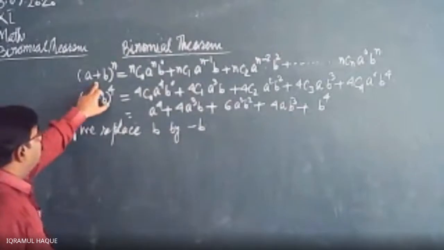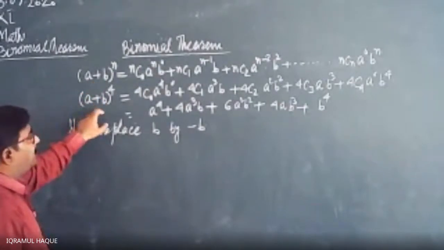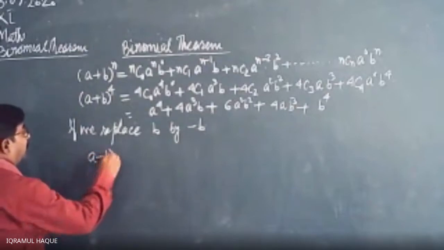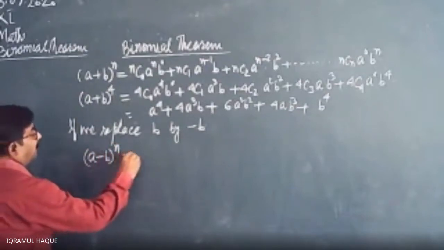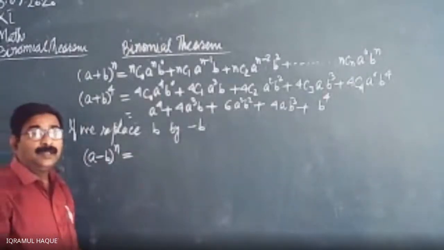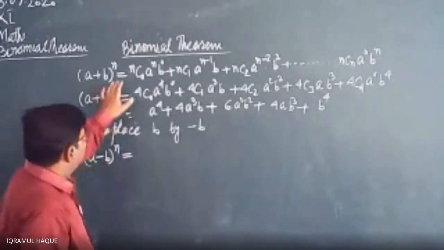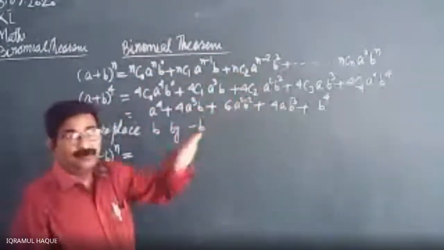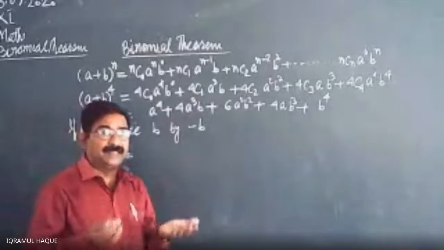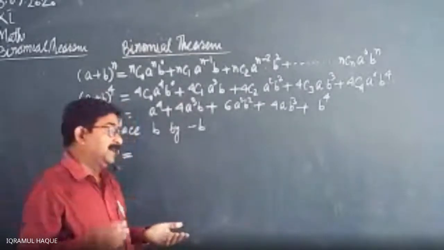This is a plus b, that becomes a minus b. So what we have? A minus b to the power n. I am writing general. A minus b to the power n. The method of expansion is same. Wherever you have b, you will put minus sign.